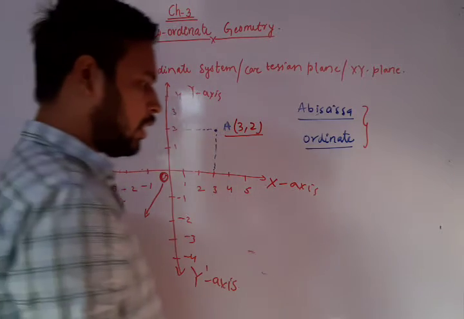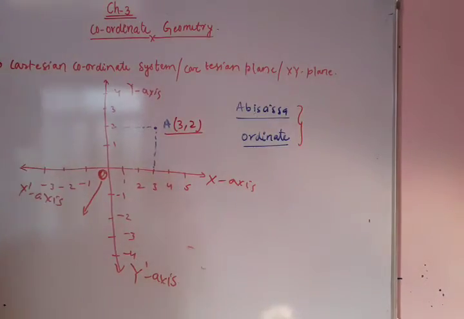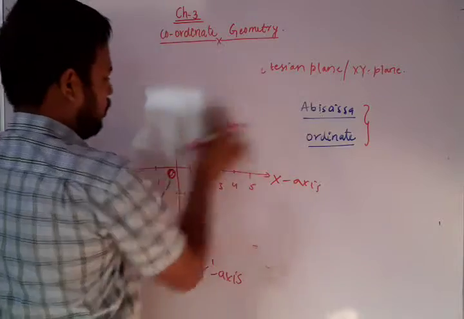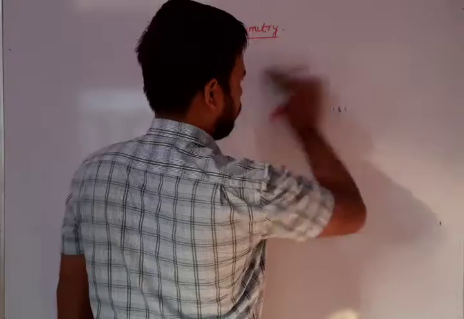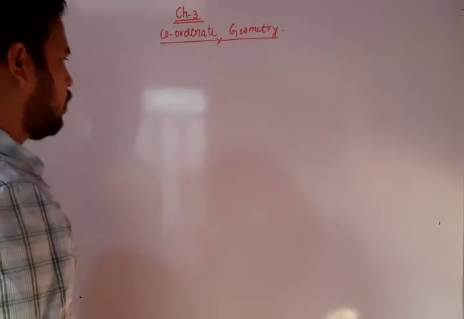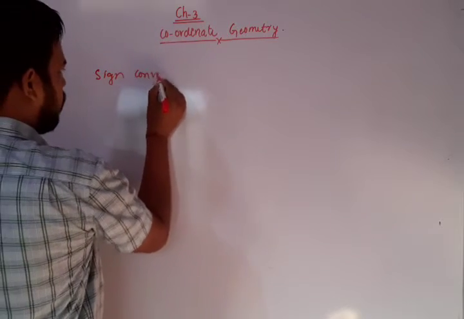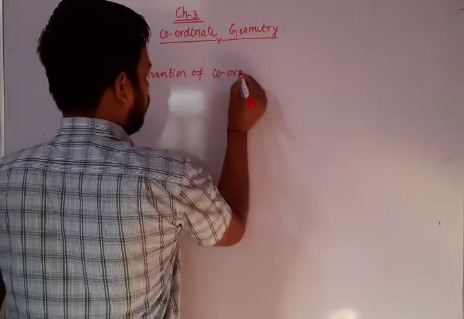Now we have to see the sign convention of the graph. Now we will see the sign convention of coordinates.